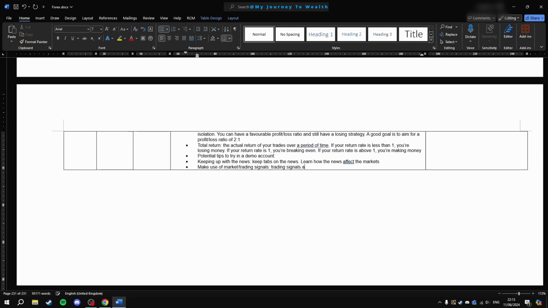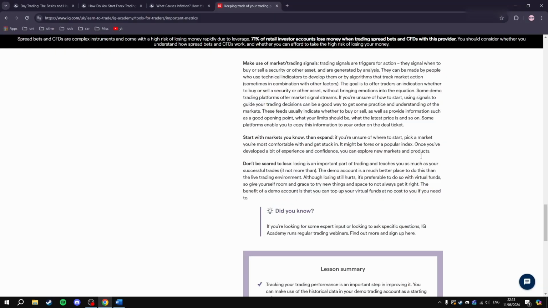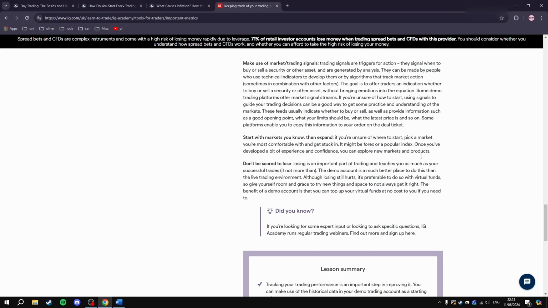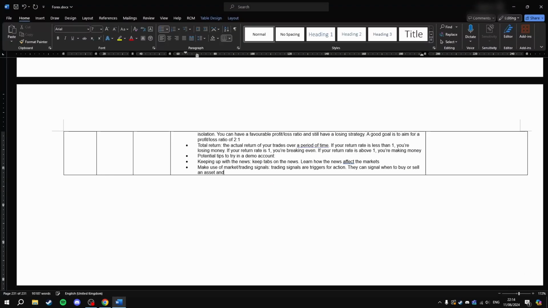Trading signals are triggers for action. They can signal when to buy or sell an asset, and are generated by analysis.